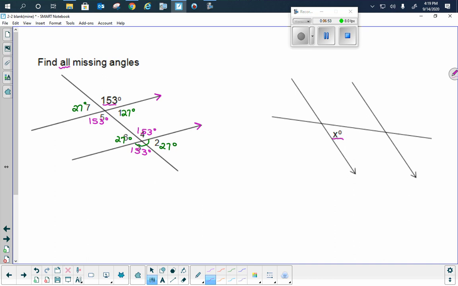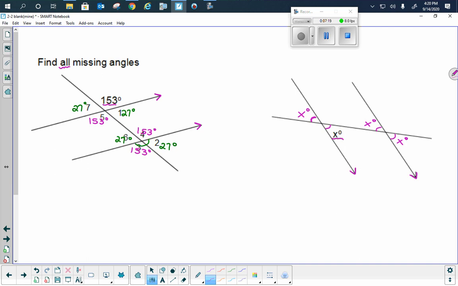So I'm going to do that same thing, right? If you start marking all of the angles because of these parallel lines, that should be equal to each other, right? This one and this one are vertical. This last one and this one are corresponding. This one and that one are vertical. Well, that should mean all of those are X degrees, right? Because they're all marked equal to each other.